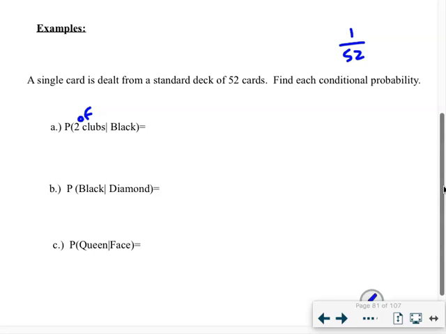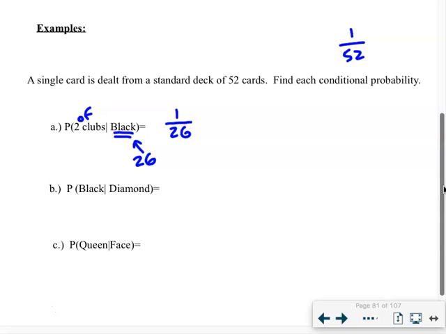But since we know that it is going to be a black card, we have to think about how many black cards there are: half the deck. Half of the deck is black, half the deck is red. So there are 26 black cards. Only one of them is the two of clubs.